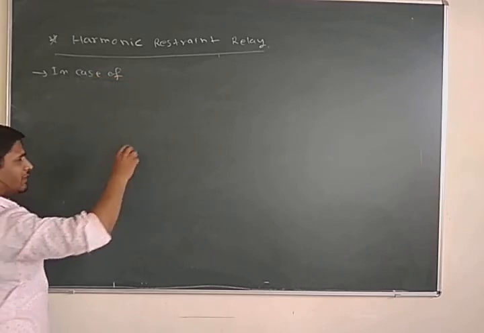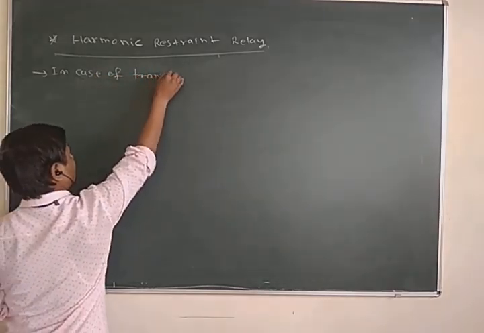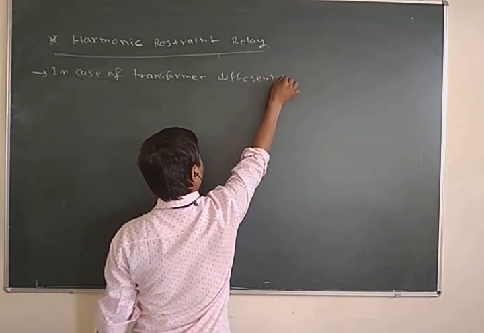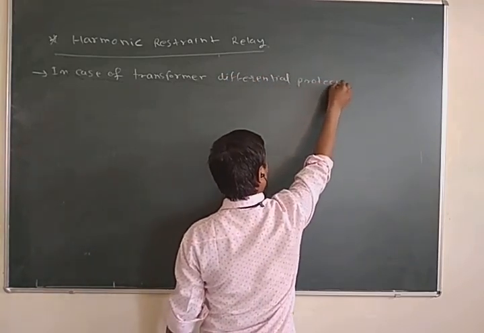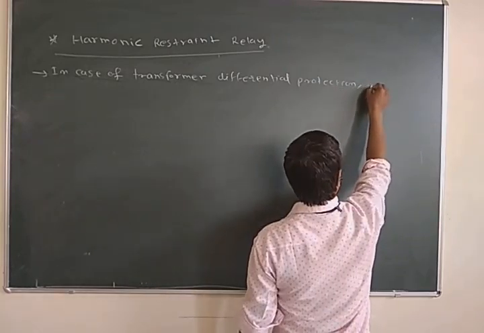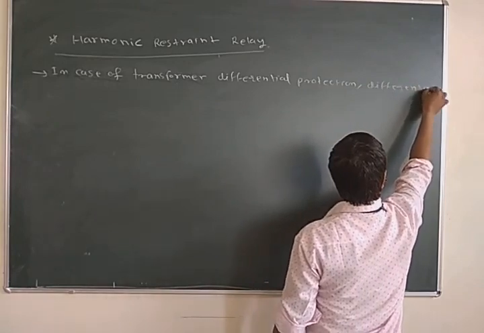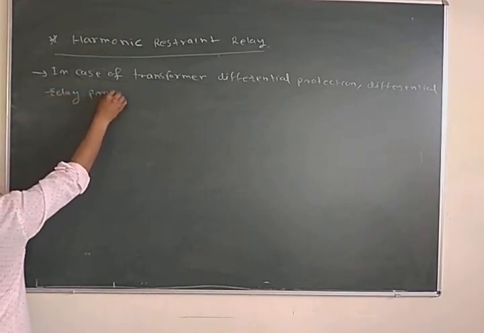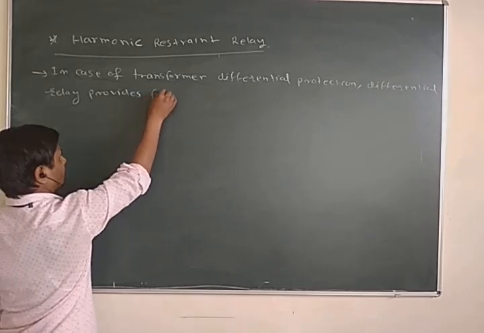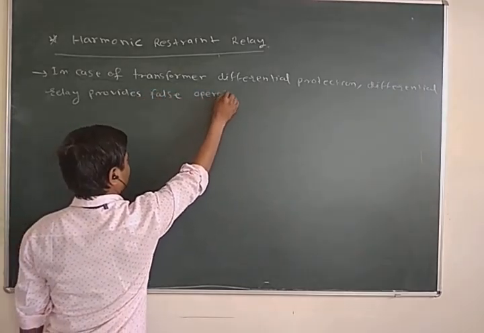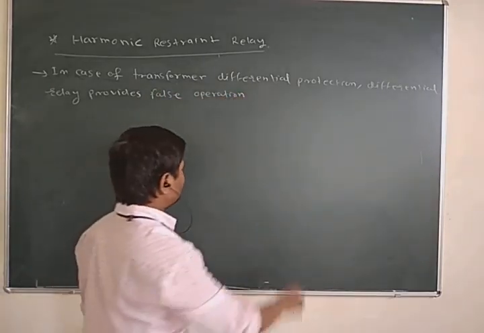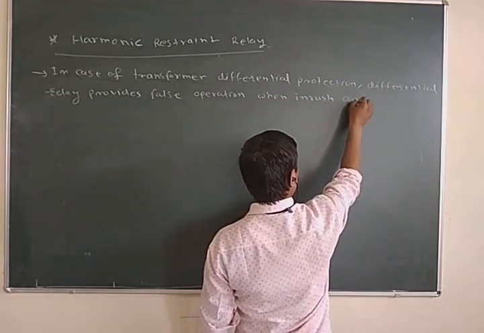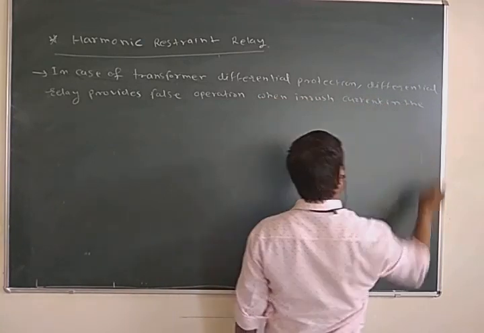In case of transformer differential protection, the differential relay provides false operation when inrush current flows in the circuit.